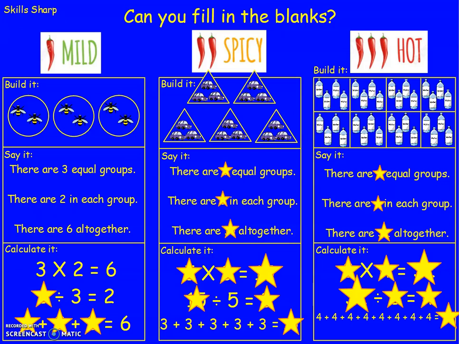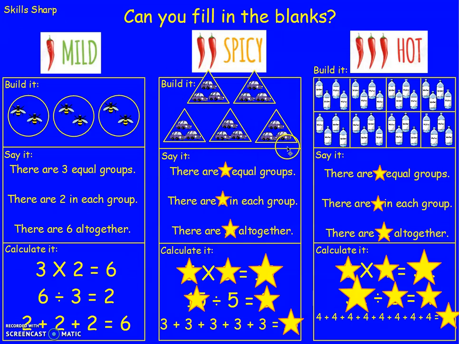The division sum, we know that our biggest number comes first, so our biggest number is 6. 6 divided by 3 groups gives us 2 in each group. The repeated addition would be 2, add 2, add 2 equals 6. Give yourself a tick if you got that right. Well done.